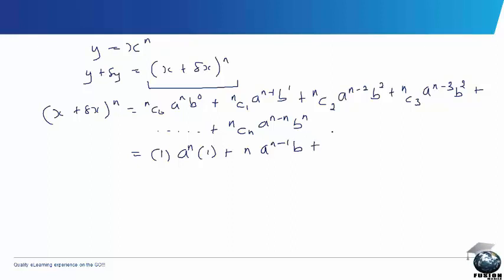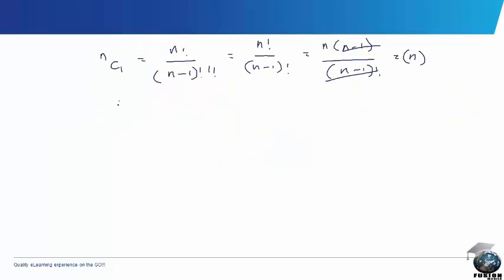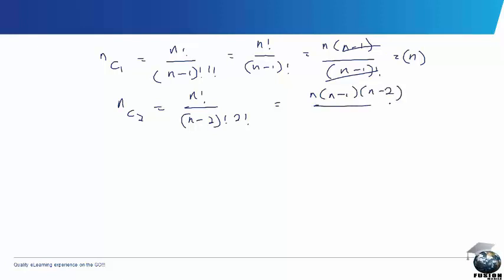Okay, what about n combination 2? N combination 2 is giving us n factorial over n minus 2 factorial and 2 factorial, and this gives us n into n minus 1, n minus 2, and we'll stop at n minus 2 because that is where the numerator can cancel out the denominator, and you have n into n minus 1 all over 2.